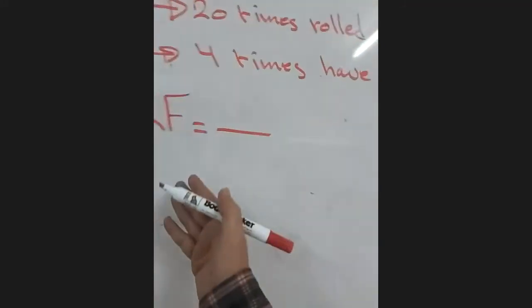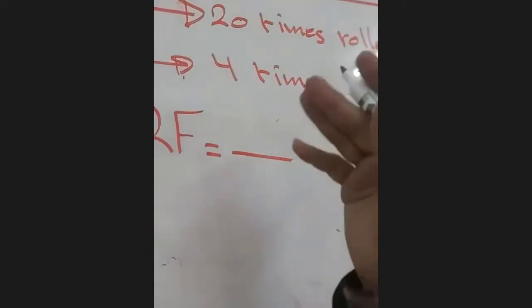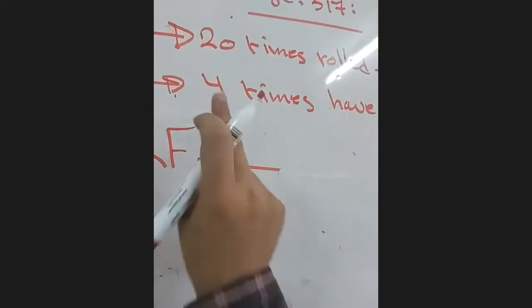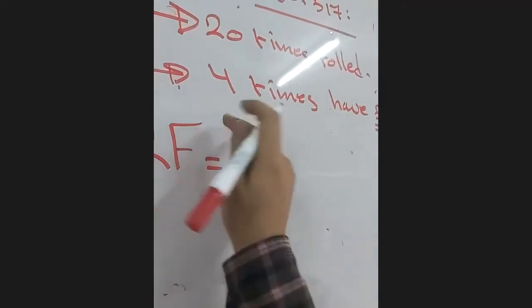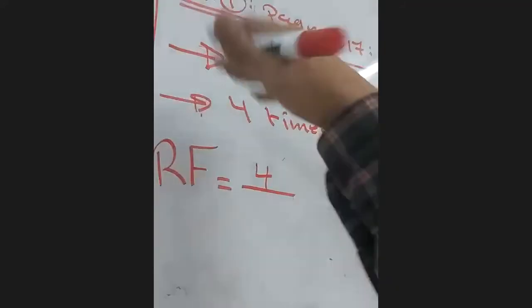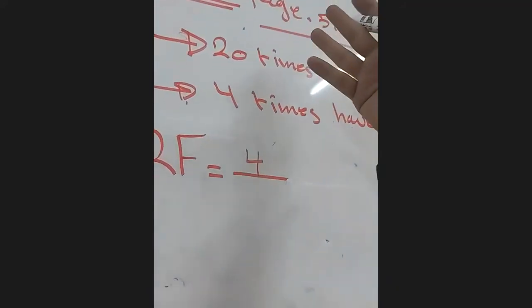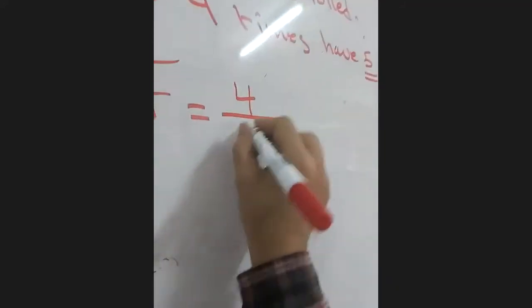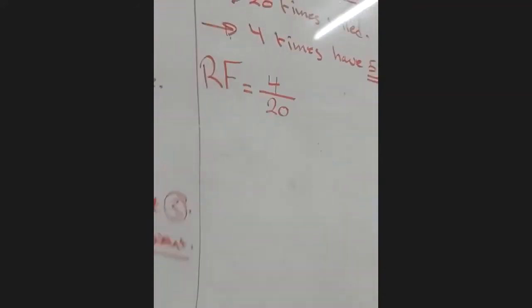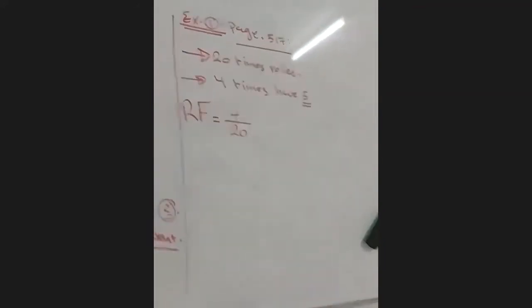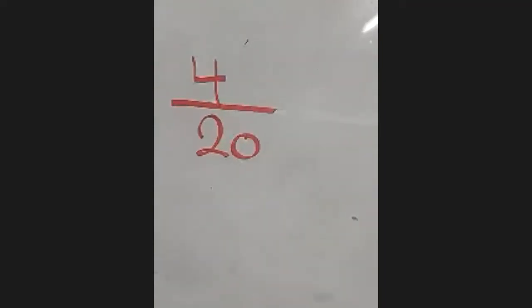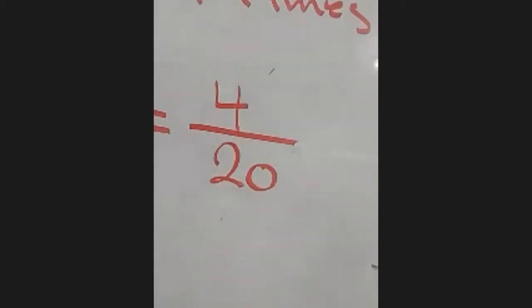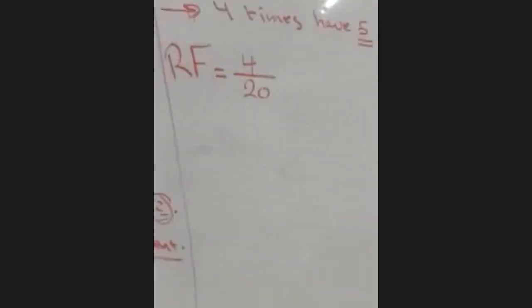The relative frequency of having 5 is the number of times you actually got 5, which is 4 times, over the total number of trials in the experiment, which is 20. This 4 over 20, Abdullah, we can make it in simplest form, right?